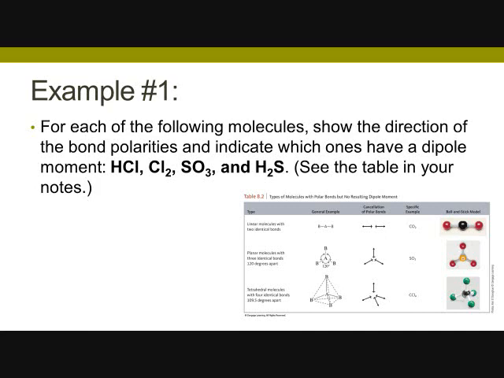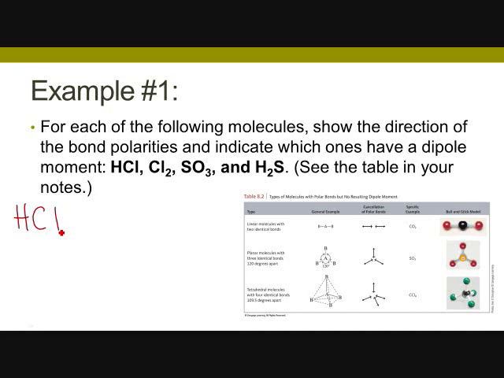So the first one we have is HCl. Hydrogen chloride could be one way to say that name. What you could do for this is look up their electronegativity numbers, but those don't actually match every single thing that we will talk about.